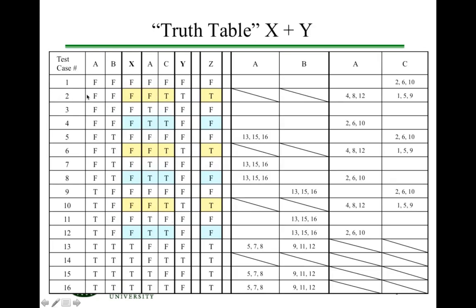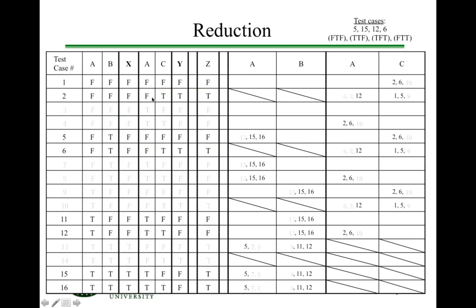For example, I take test case 2, but what I realize is that by masking, rather than having just test case 2, I can have test case 2, 6, and 10 representing the same masking MCDC conditions. This gives me a little bit more choice in cases. And now I can also get rid of the cases in which this condition A and that condition A are different. For example, this one is hard to do because here A is true, here A is false. This one works, A is false and A is false, so I can get rid of these completely.